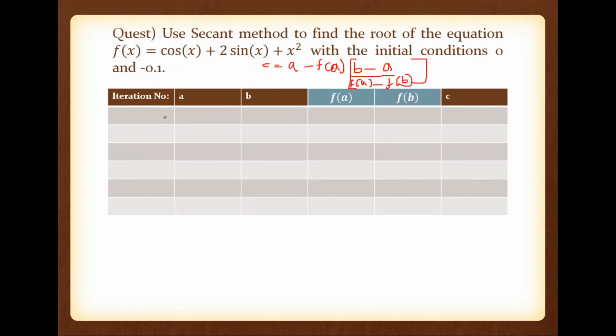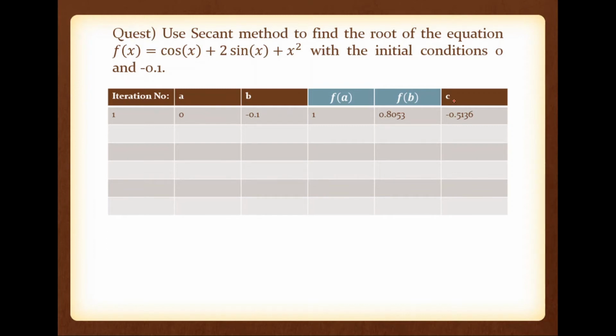Okay, first iteration. In the first iteration, A is taken as 0, B is minus 0.1. So what is f of A? After substituting 0 into this equation, f of A is 1. Similarly, what is f of B? F of B, at minus 0.1, is 0.8053.